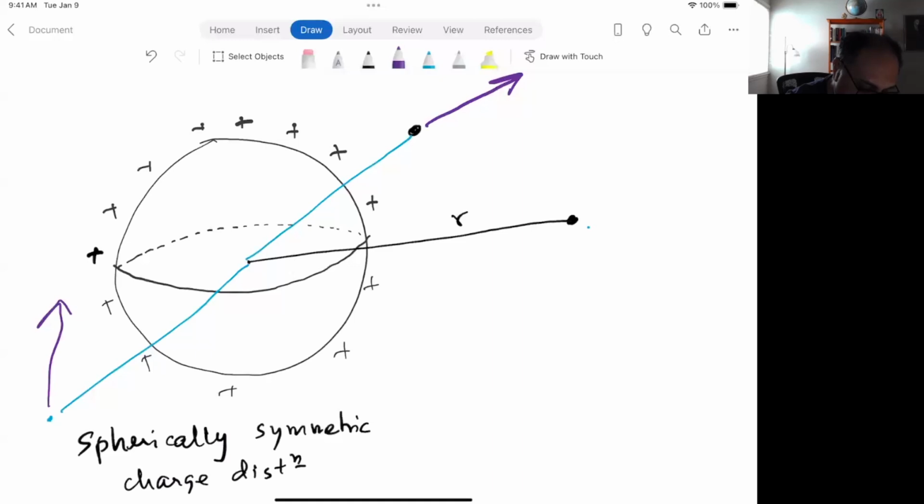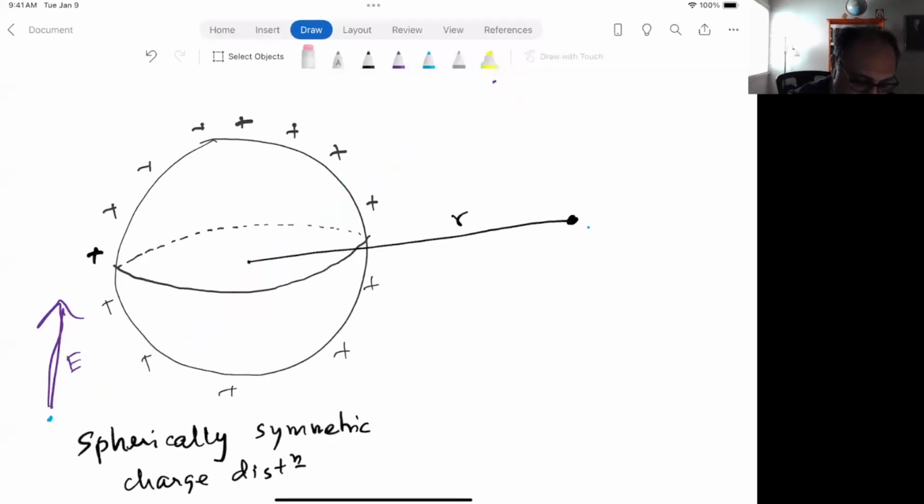This doesn't make any sense at all. If the electric field over here is in that direction, and on the other side it is in a different direction, then you can completely tell: if you close your eyes and your friend rotates the sphere, you can tell that it's been rotated, because the electric field is not spherically symmetric. So the electric field produced by a spherically symmetric charge distribution has to also be spherically symmetric.